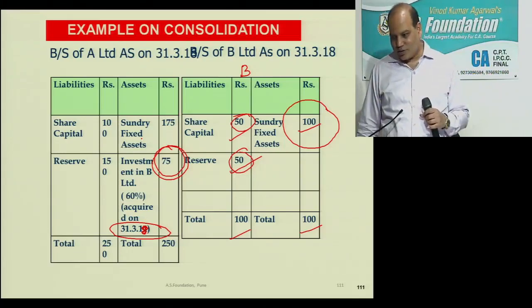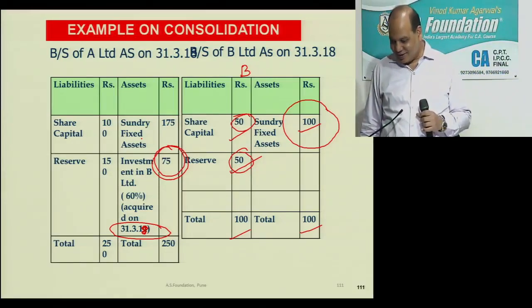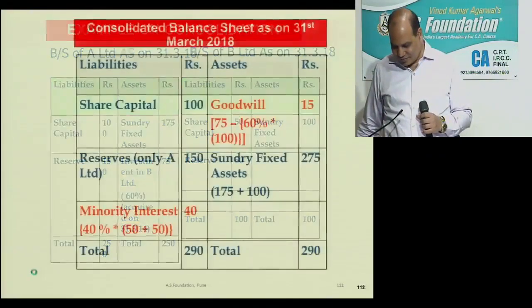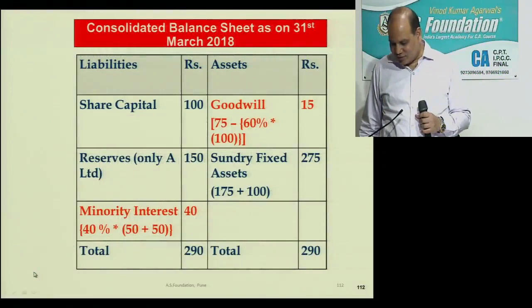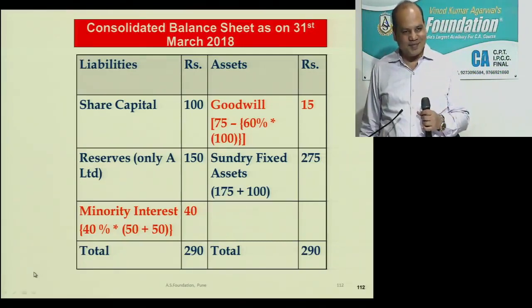Add the two companies. 275. See the magic. Tallied. Hello, tallied. That's good. This is how your balance sheet is appearing. That is consolidation. Done. Can we start the next chapter? Yes. This is simple.